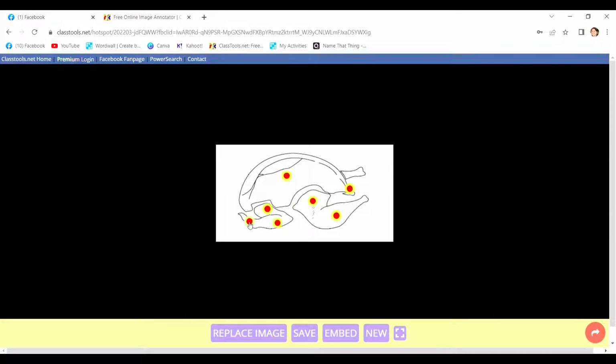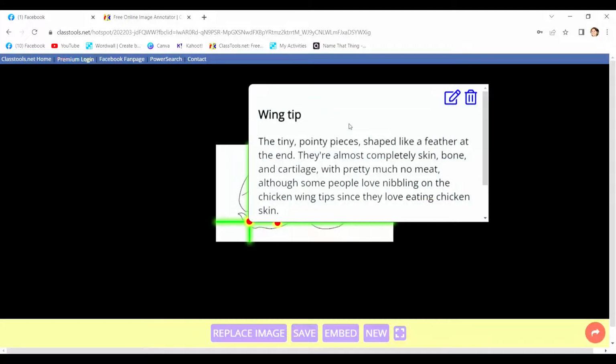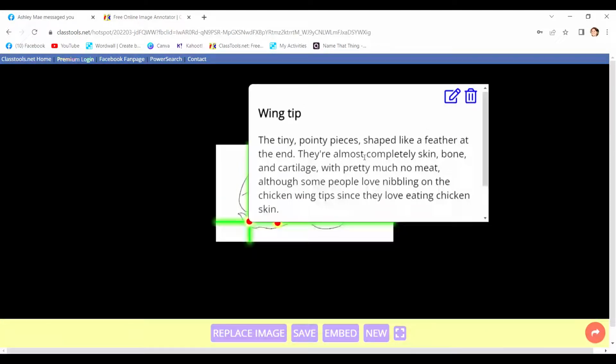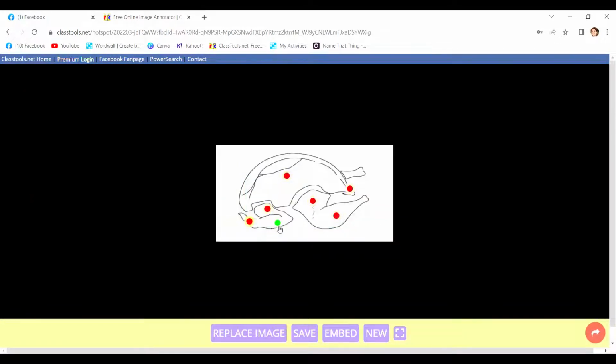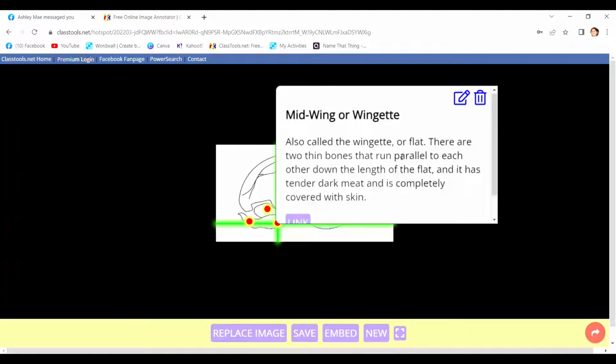Next, we have the wing part that is divided into 3. So we have the wing tip, the tiny pointy pieces shaped like a feather. Okay, there's the description. Next, we have the midwing or the winglet, also called flat. There are 2 tiny bones in it.